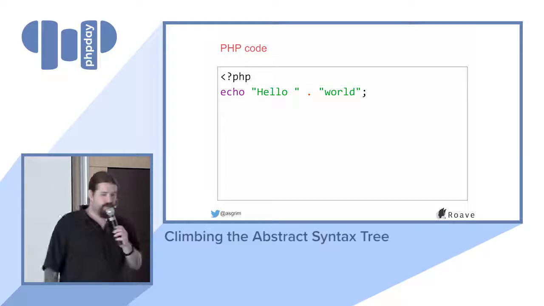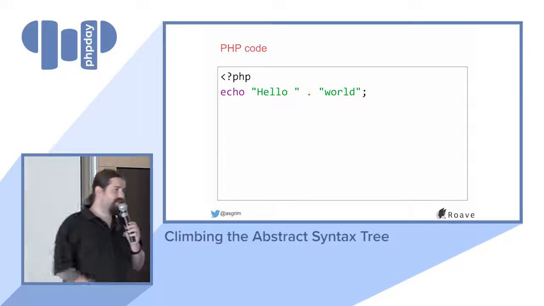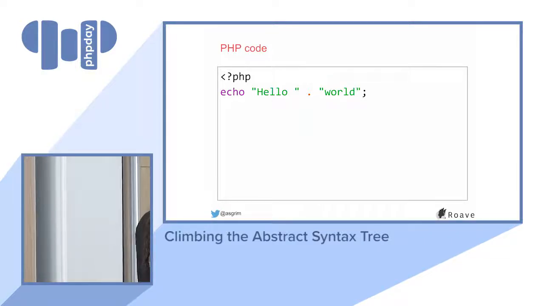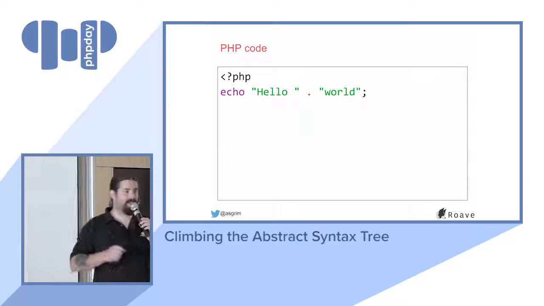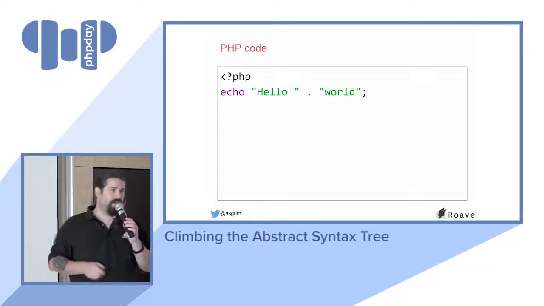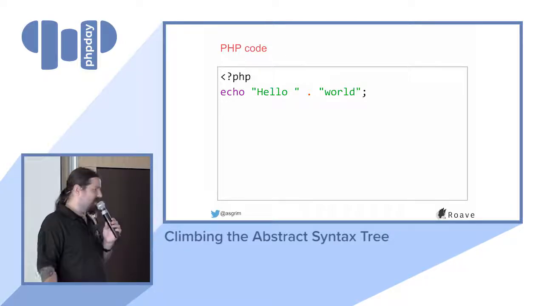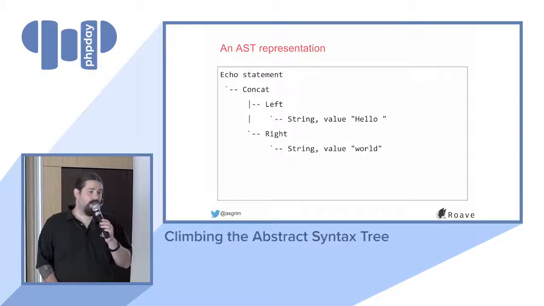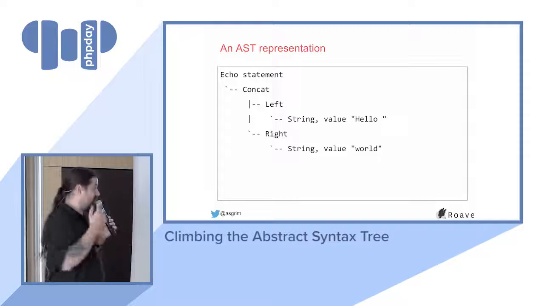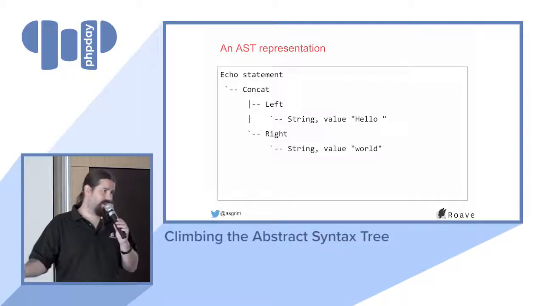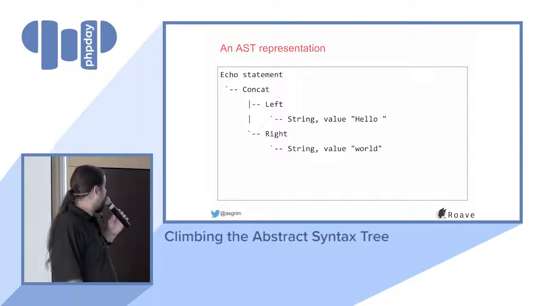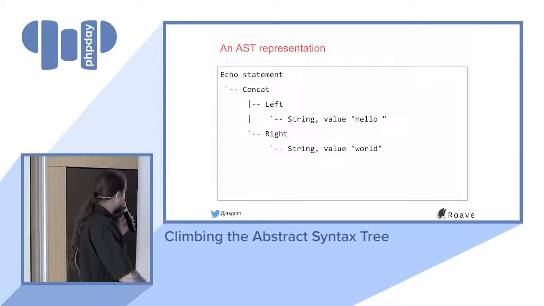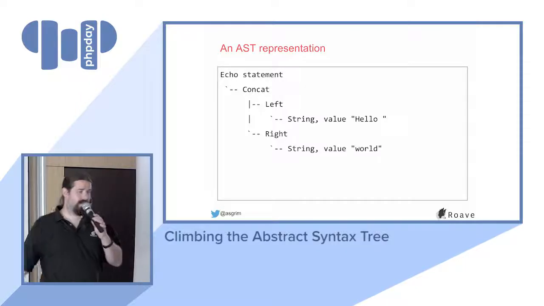All right. So, if you didn't hear the chap at the front, basically we've got the same thing, but instead we've got a concatenation operator now that we've added. It seems like a fairly trivial change, but suddenly our AST actually gets a lot bigger. So we start with an echo statement at the top, just like before, because we're doing an echo. We have a concatenation node now in the tree, and we've got a left and a right value.